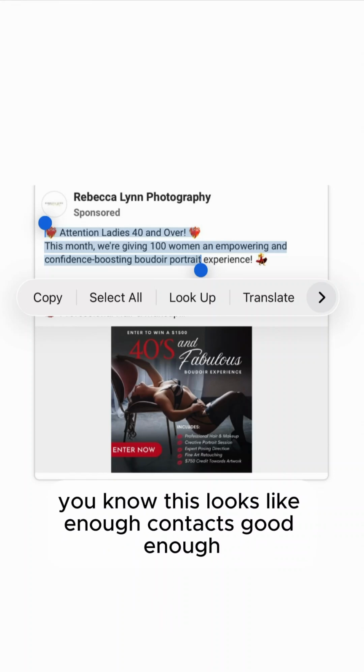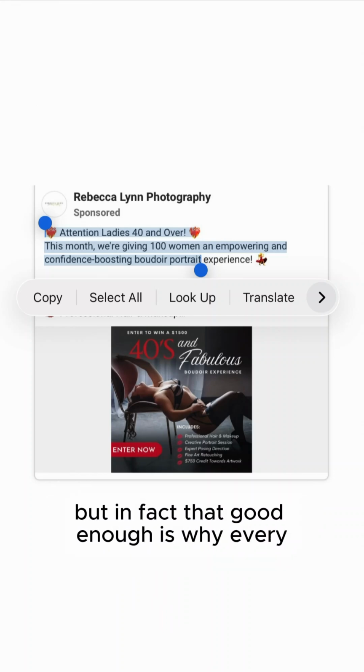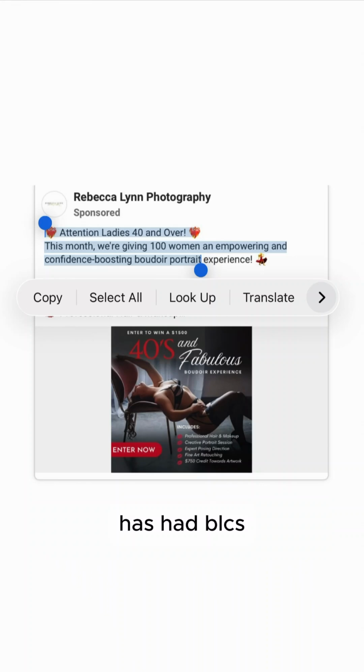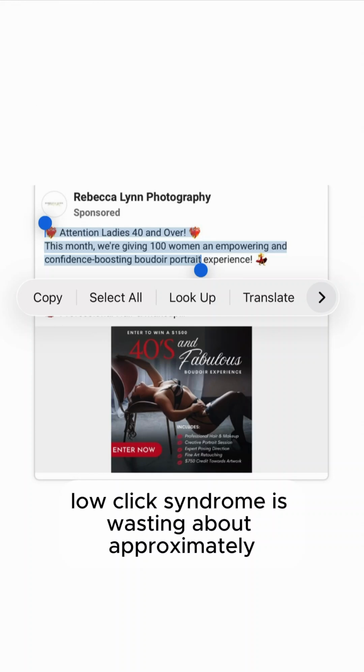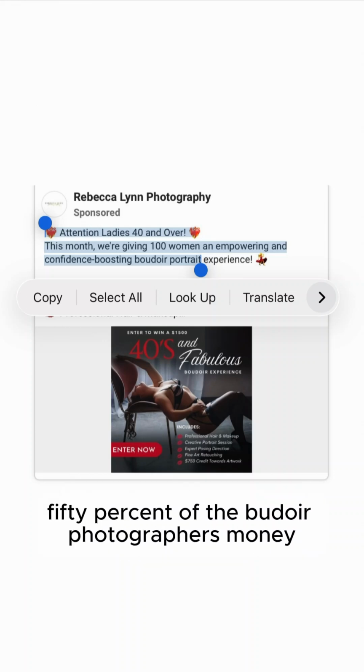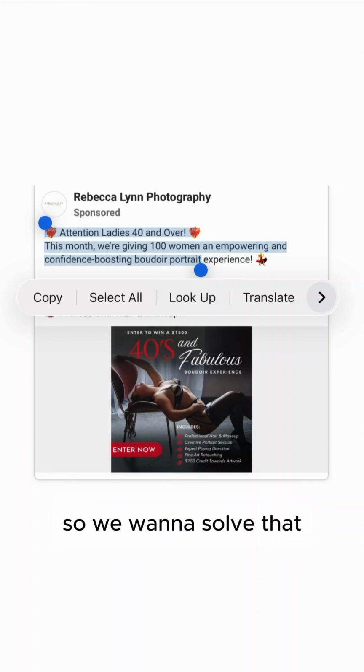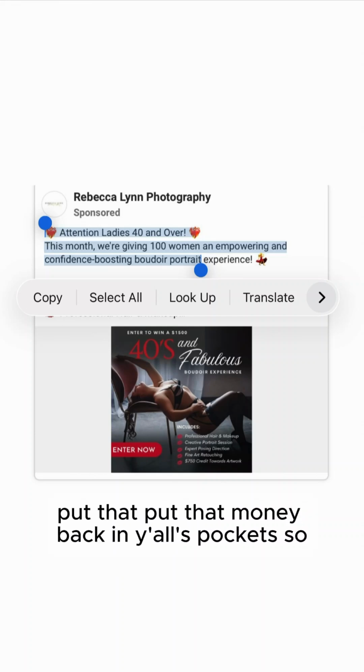This looks like enough context, good enough. But in fact, that good enough is why literally every boudoir Facebook ad I've seen and tested has had BLCS, aka boudoir low click syndrome, and is wasting approximately 50% of the boudoir photographer's money every single day, every single month. So we want to solve that, put that money back in y'all's pockets.